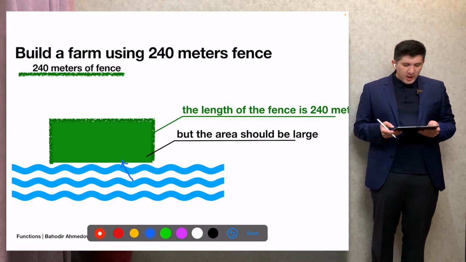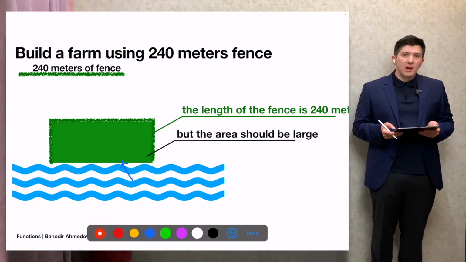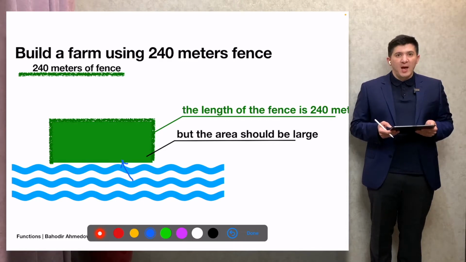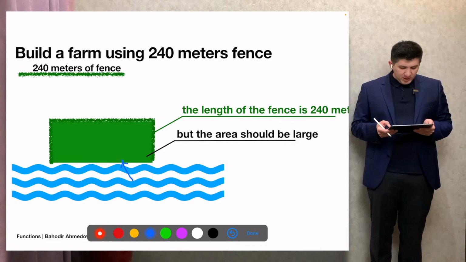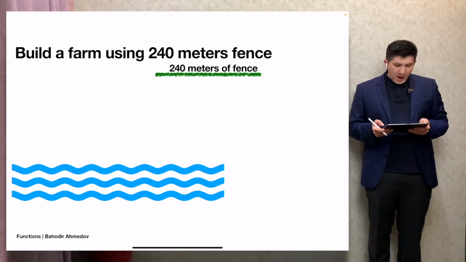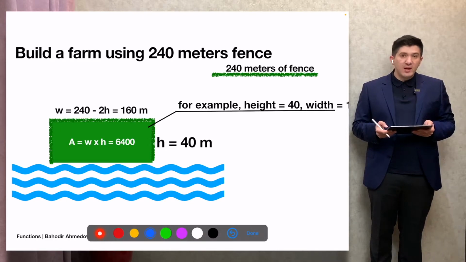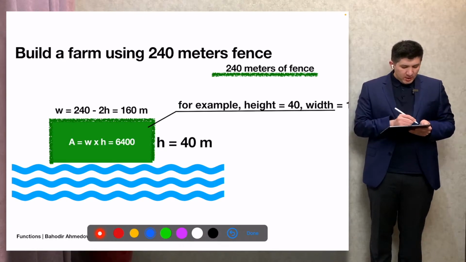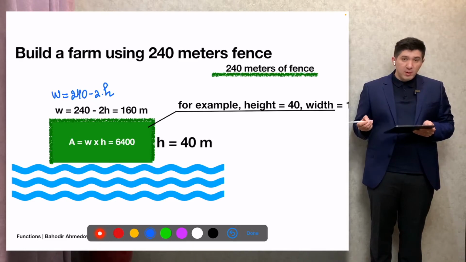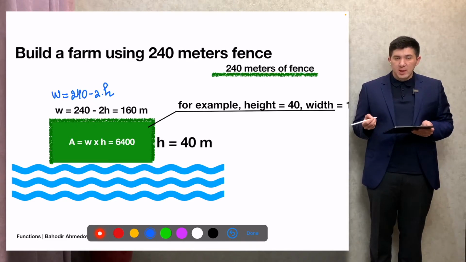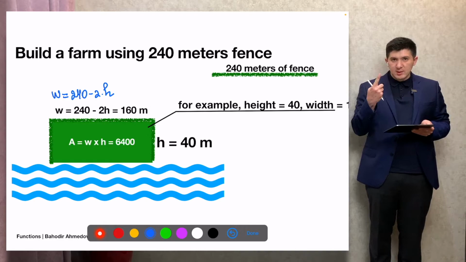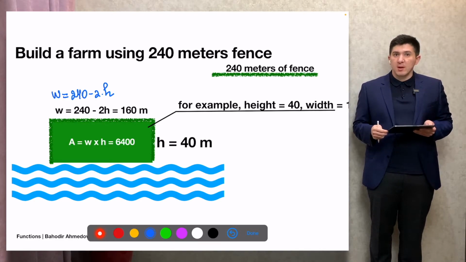Okay? So he has to use 240 meters of fence and the area should be maximized. If he chooses the height of this area to be 40 meters, then the width should be 160, right? The width can always be found from the height by subtracting 2 times the height from 240, because the sum of the three sides, the width plus the two heights, should be equal to 240.